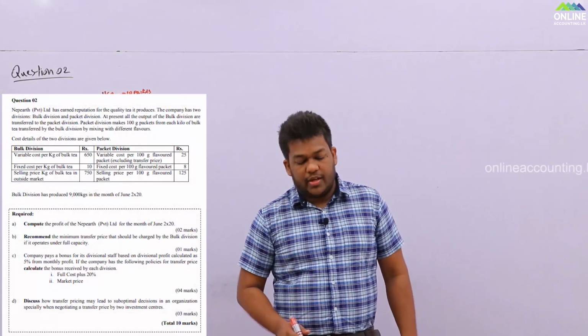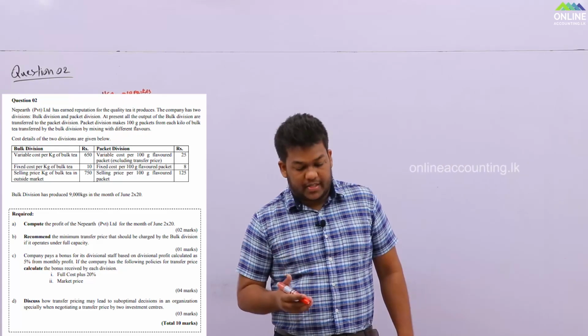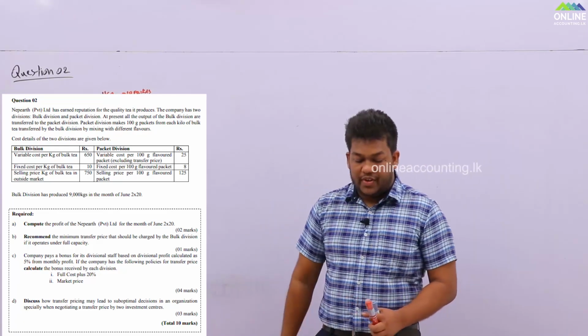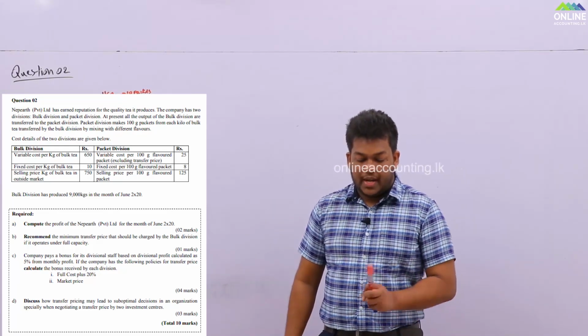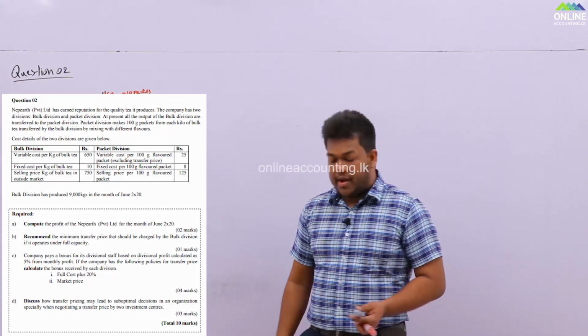Then the cost details of the 2 divisions are also given. For the bulk division, variable cost, fixed cost and selling price are given. The bulk selling price is 750 and the packet division selling price is 125. Now the bulk division has produced 9,000 kilograms in the month of June.